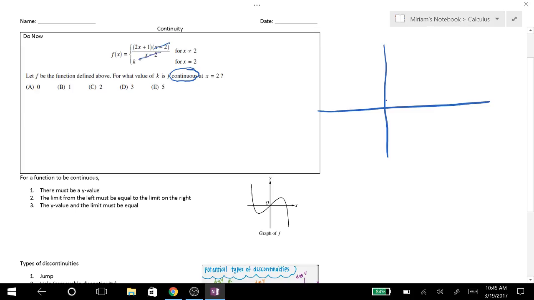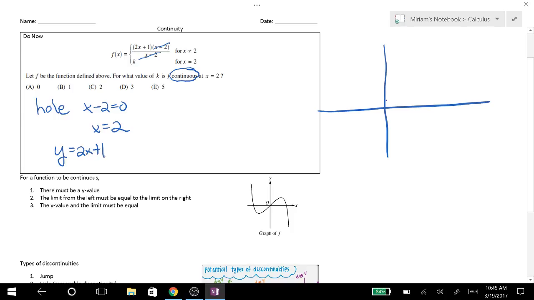Now, if you remember, when you cancel a common factor, that means there's a hole at x minus 2 equals 0, meaning there's a hole at x equals 2. Okay, and the leftover graph is y equals 2x plus 1.